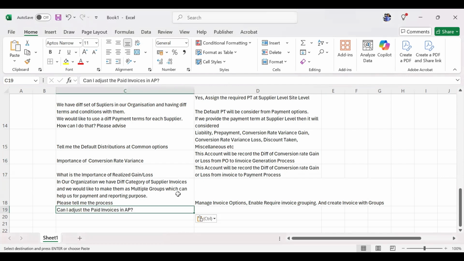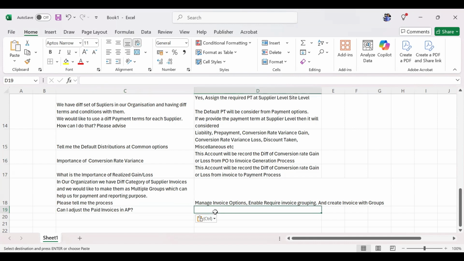And tell me, can I adjust the paid invoices in AP? I have already done the payment for the AP invoices and I just want to adjust them. Can I do that? Simple, yes or no?